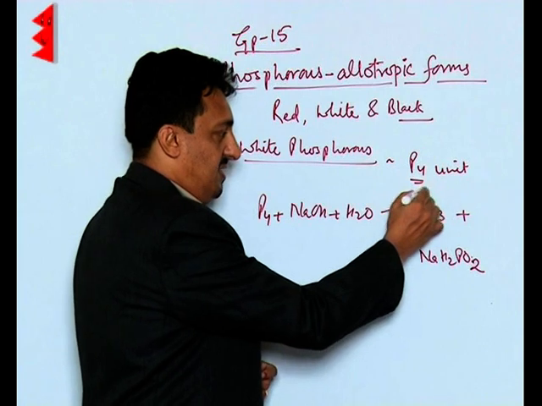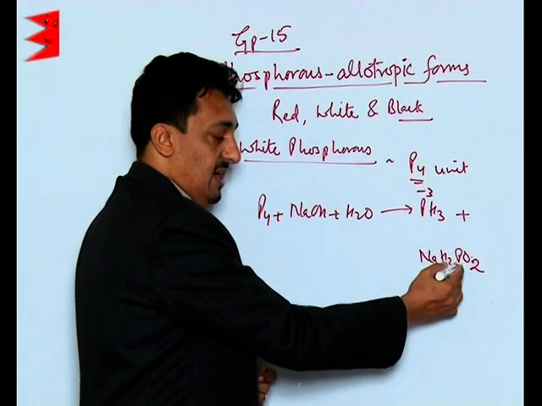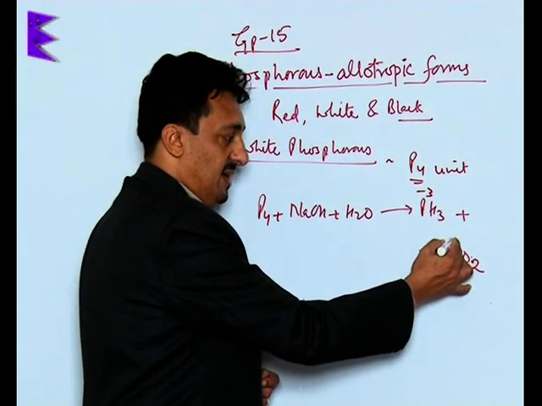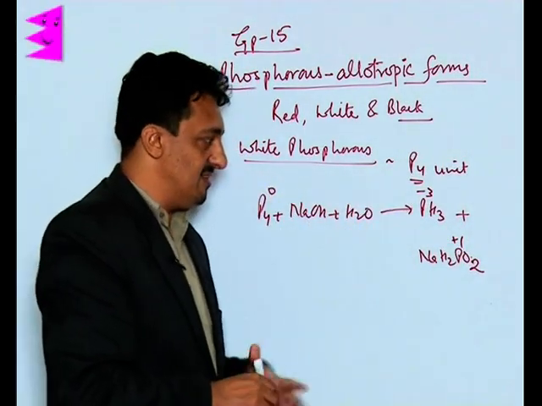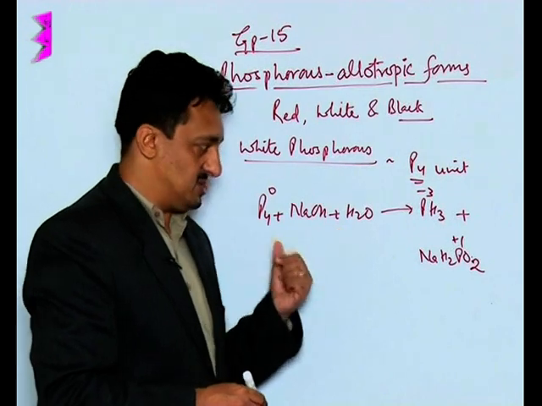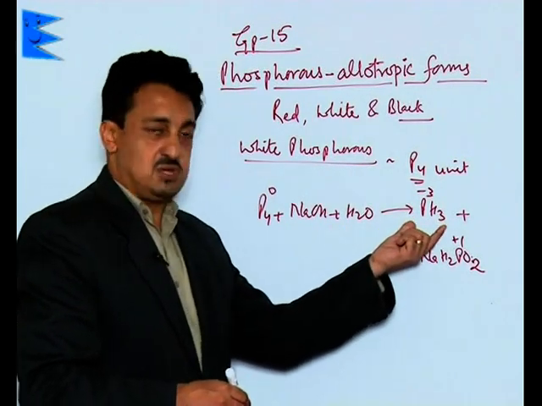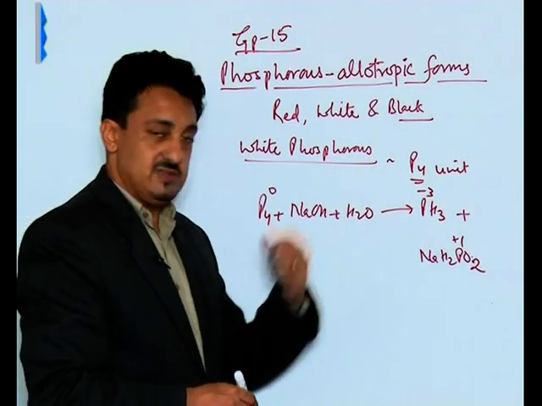In phosphine, it has -3 oxidation state. In hypophosphite, it has +1 oxidation state, and from 0 it is changing into both oxidized as well as reduced state. So it's a disproportionation reaction. This is also one of the preparations of phosphine gas.